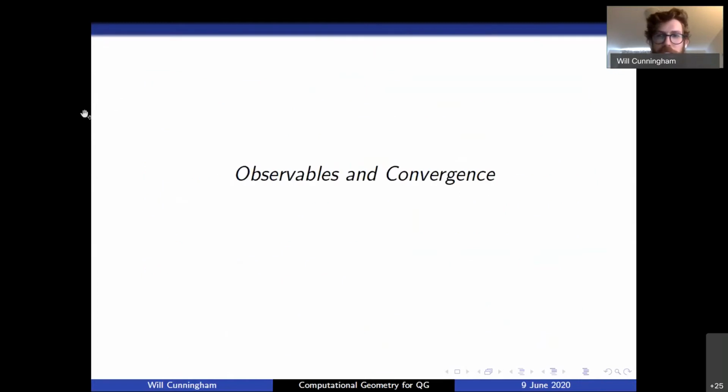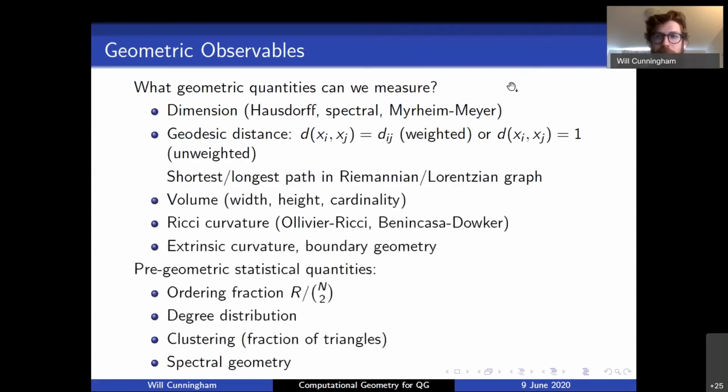For the next portion, now that we've introduced the structures that we're interested in, I want to talk about what are some observables that we're going to look at on these structures, and what are the rates of convergence for these observables to their expectation values in the continuum.